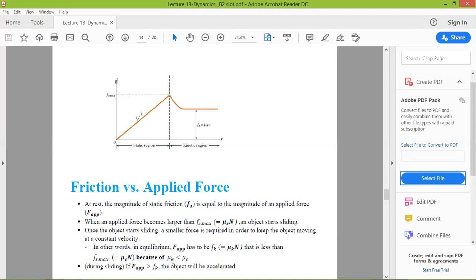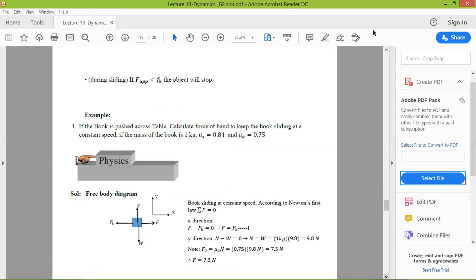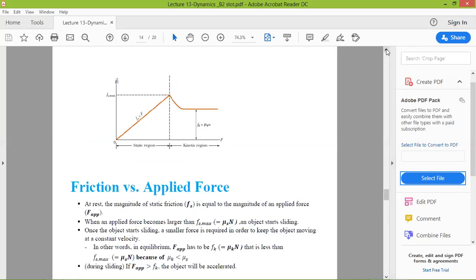It means we only require a kinetic friction force, which equals mu k times N, which is less than the static friction, mu s times the normal force, because the kinetic coefficient is less than the static coefficient.